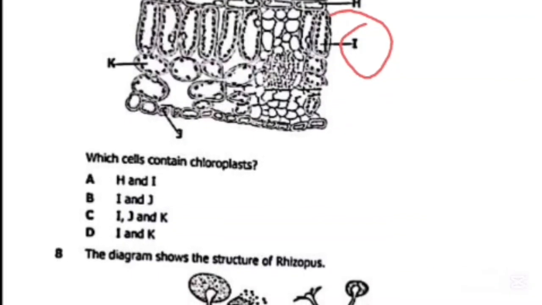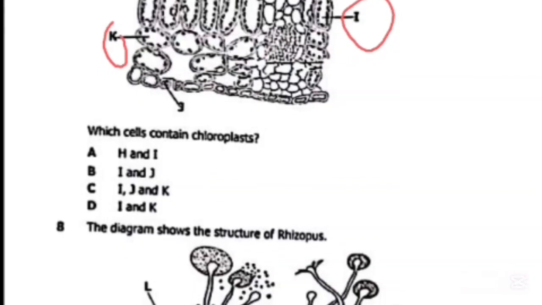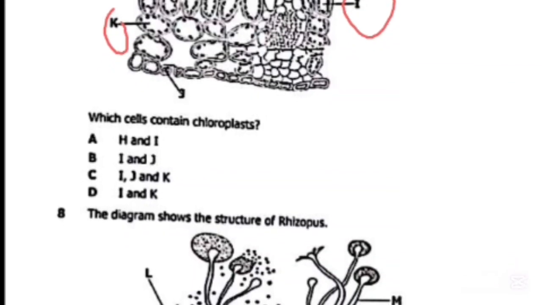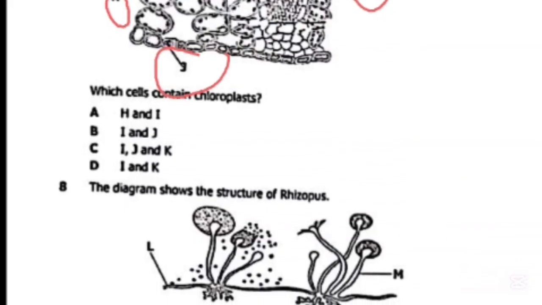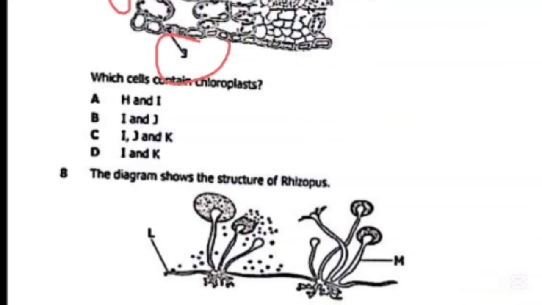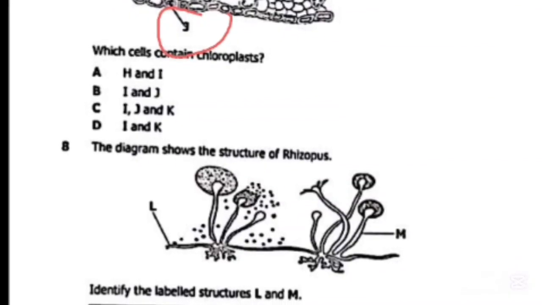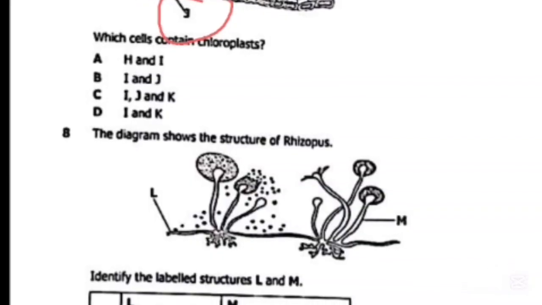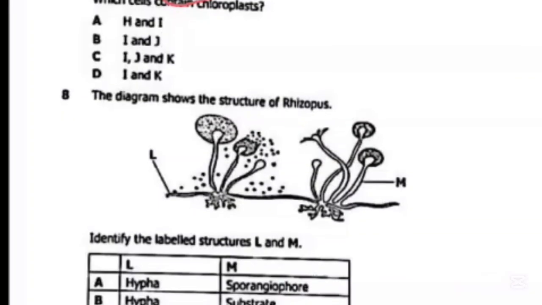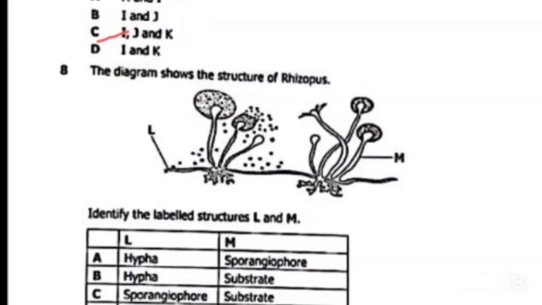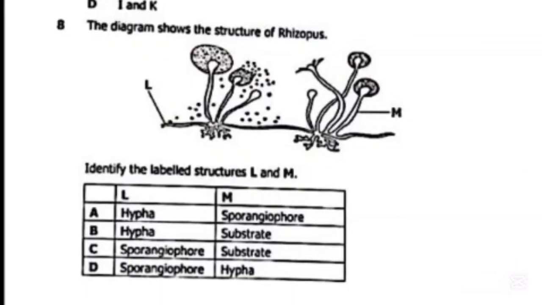Then K also contains chloroplast, but it is not high compared to I. Also J has some chloroplast, but H does not contain any chloroplast. So therefore our answer is C. I, J, and K are the structures which contain the chloroplast.